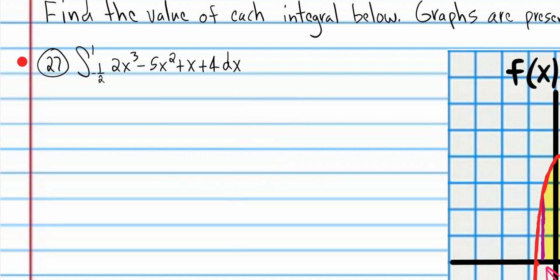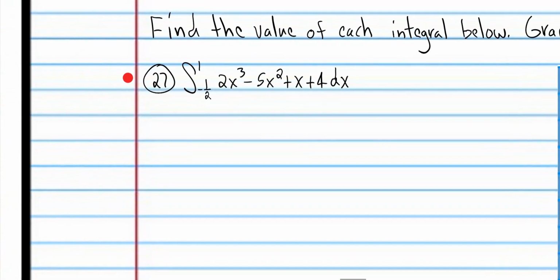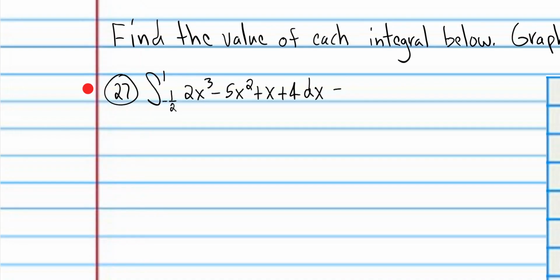Okay, but when you have this function, well, that's a curve. We need the fundamental theorem of calculus in order to do that. So that expression is going to be, I guess we'll just write it up here, that's equal to the antiderivative with 1 plugged in minus the antiderivative with -1/2 plugged in.